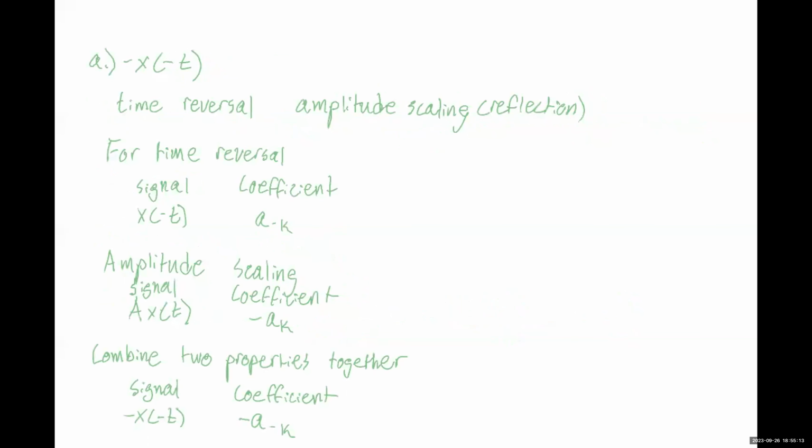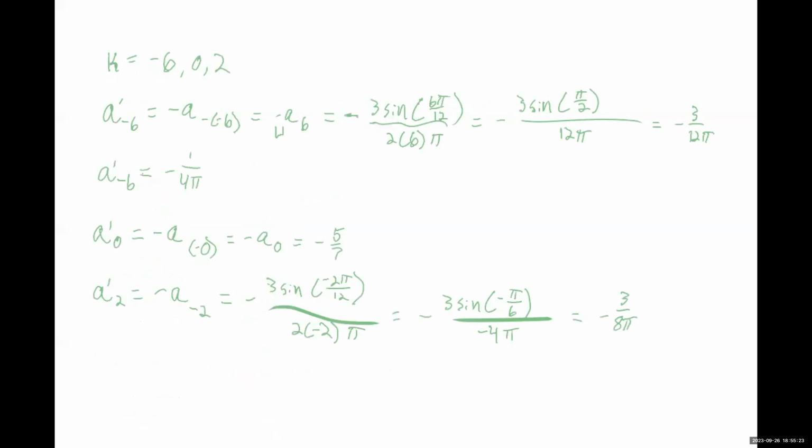We identified the properties that we use in the table, and then applied them to get the transformation of our coefficient. Then we plugged our values of k into the transformation of that coefficient, and solved the equation defined in the problem to get our values at those k values.